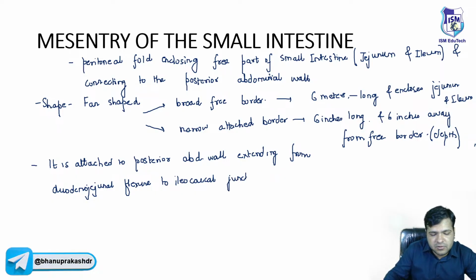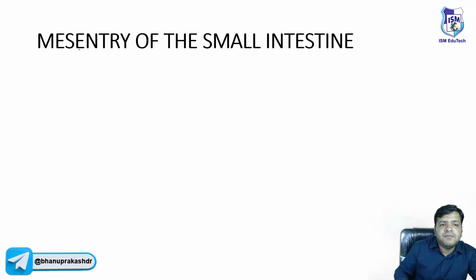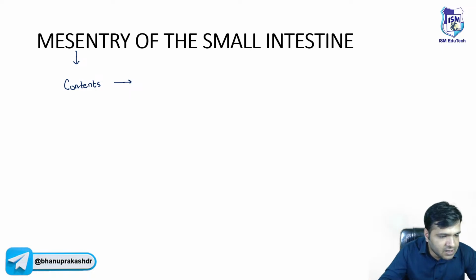Now coming on to the contents, beta. If we talk about the contents of the mesentery, before the superior mesenteric artery, you will see the mesentery is covering two intestinal loops, I mean the small intestine, the jejunum and ileum.